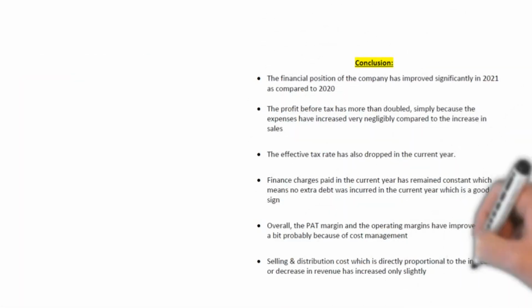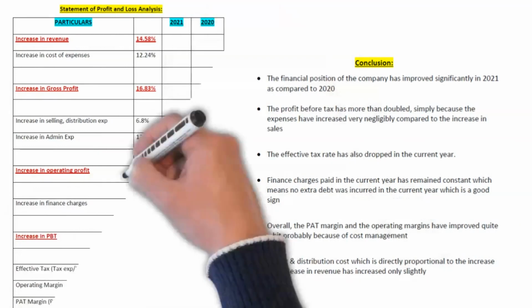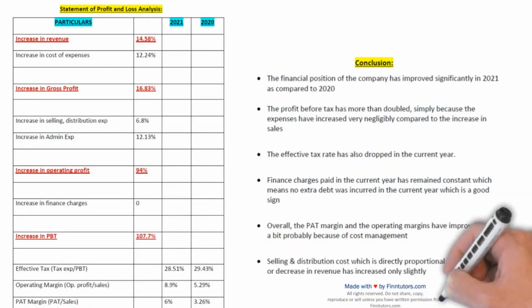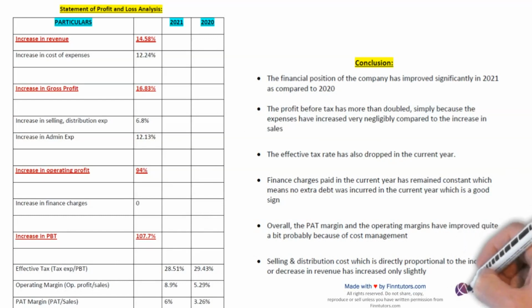So on your screen is a ratio analysis or a percentage analysis that we have created according to the figures that we saw in the statement of profit or loss. First and foremost, you will see that the revenue has increased by close to 14.58%. Cost of sales went up by 12.24%.